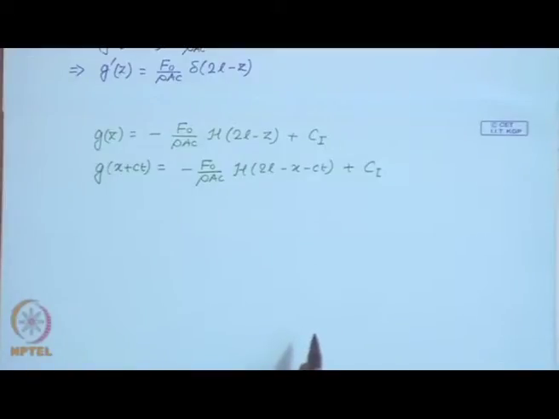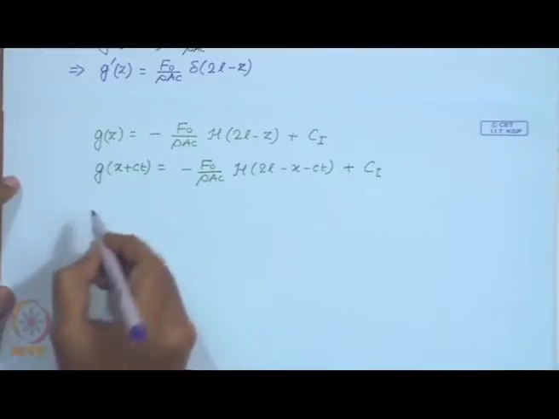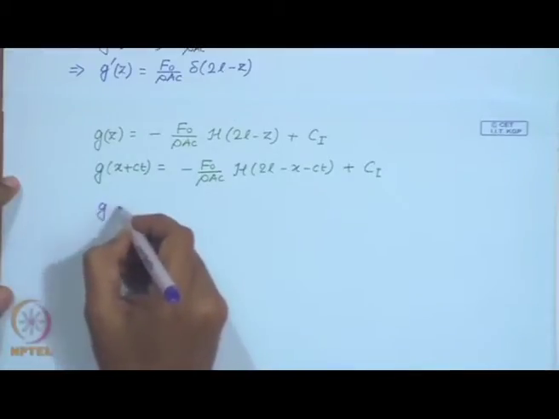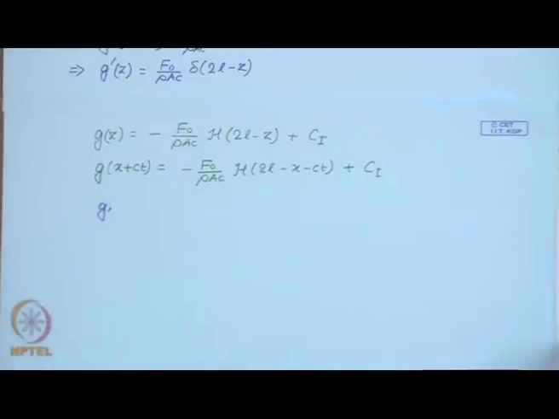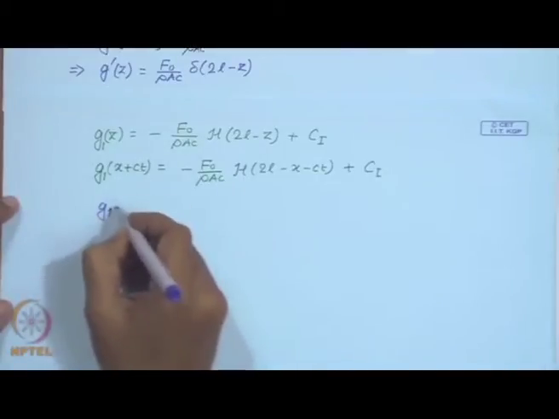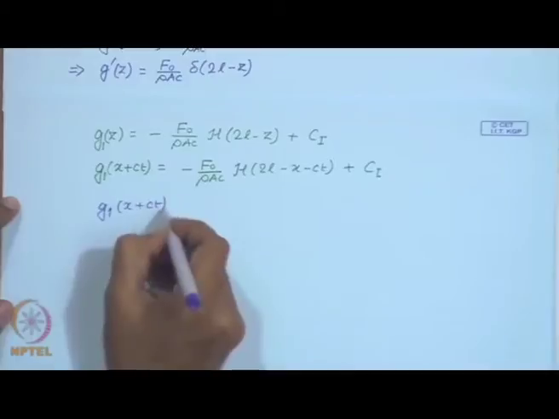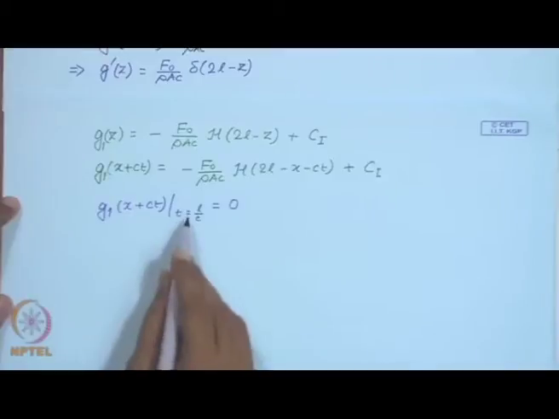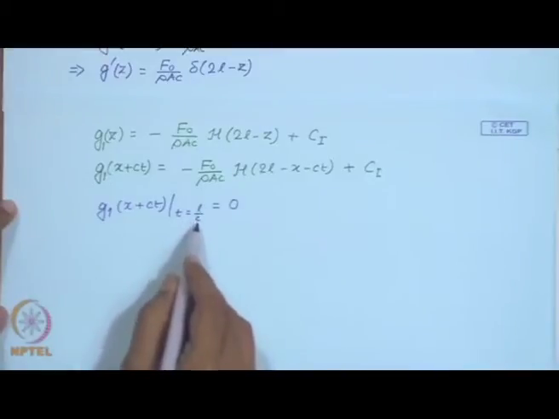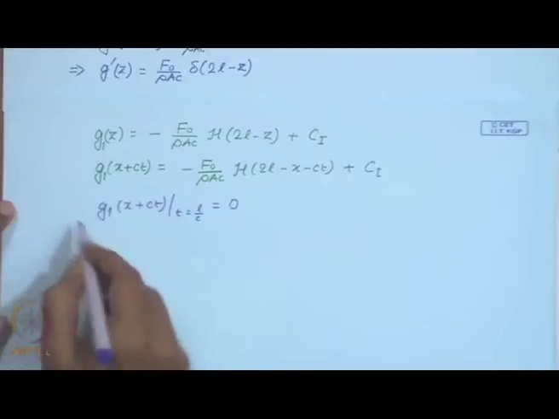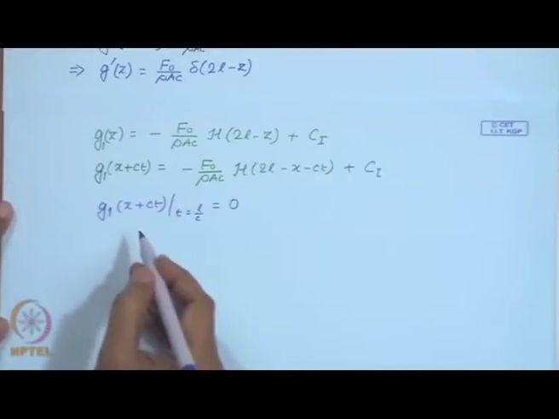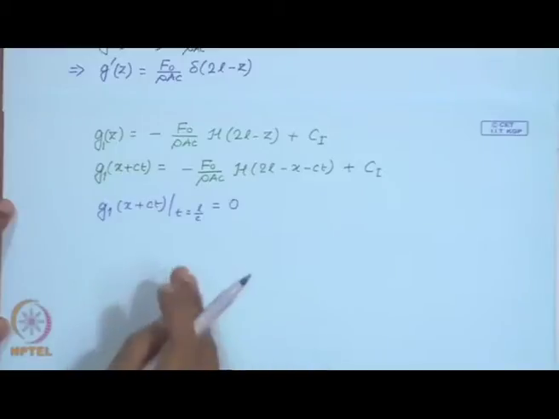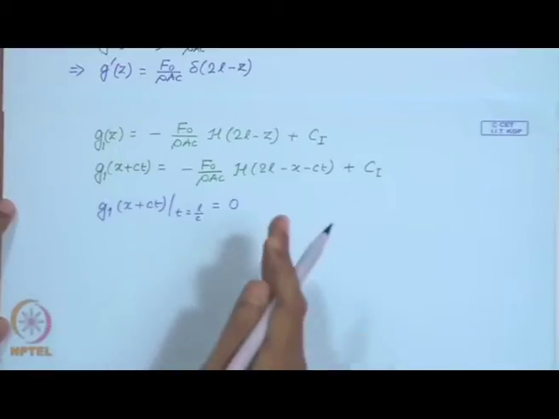Now we will use the condition that at t equal to L over c, this solution is 0. These are all G 1. Just at the time it is L over c, this is 0, it has just been generated, or just before that it is not generated. So, it is only the left.